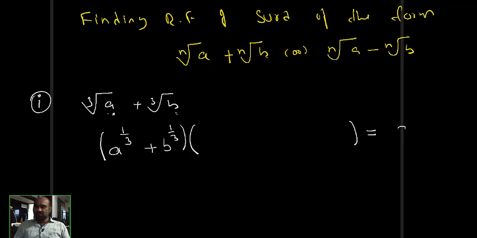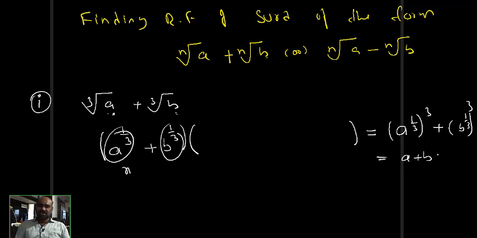If you get a power 1 by 3 cubed plus b power 1 by 3 cubed, this is a rational number only, no? A plus b only. We want to get a plus b, a rational number. So indirectly what I am asking is, this is taken as x, this is taken as y. X plus y is multiplied by what to get x cubed plus y cubed?